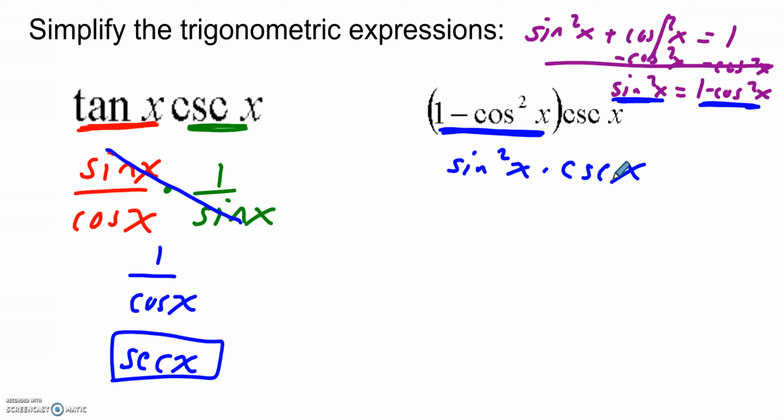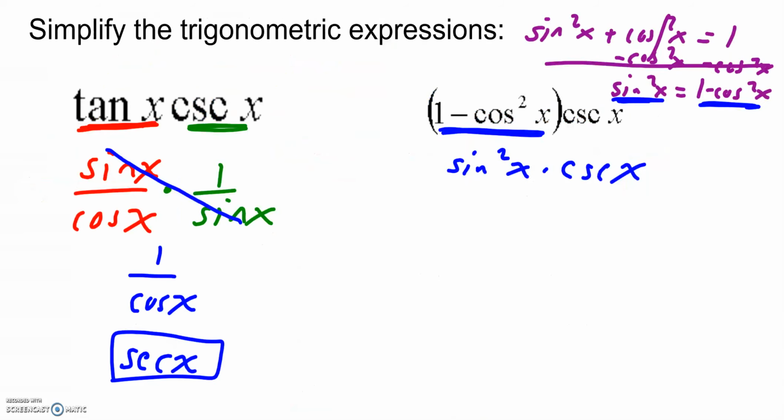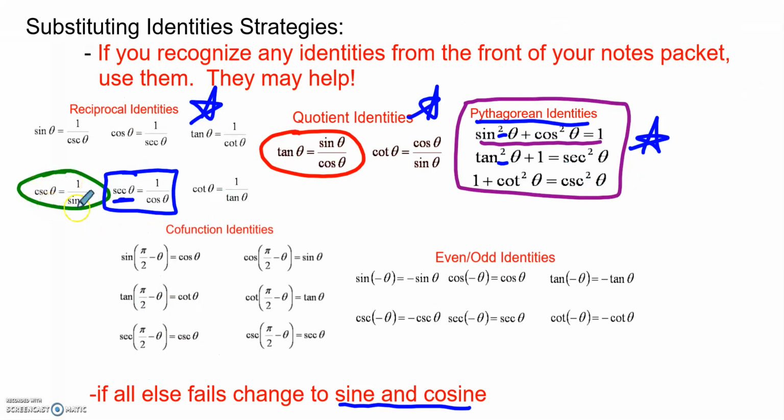Now, I want to try to get this down to a single trig function if possible. So I look at this and I remember that sine and cosecant are reciprocals. So let's use that to our advantage. Let's try to change this problem all to the same trig function if possible. So I know that cosecant of x is really equal to 1 over sine of x.